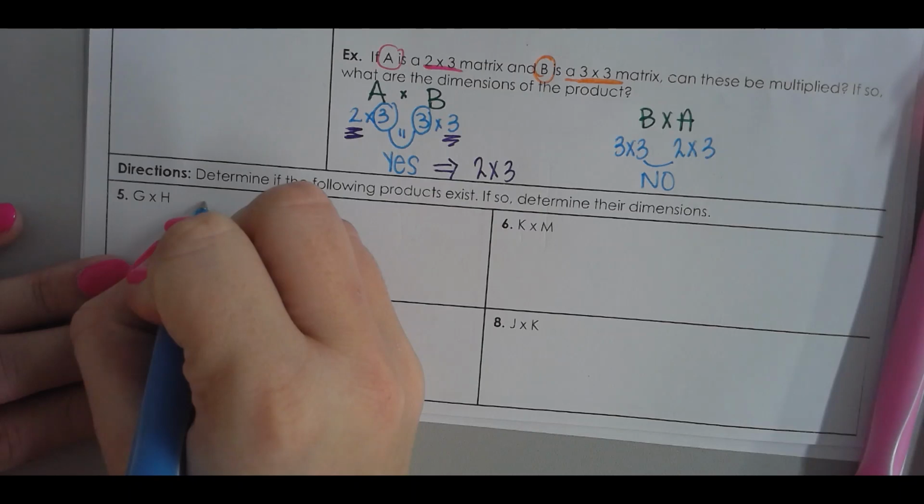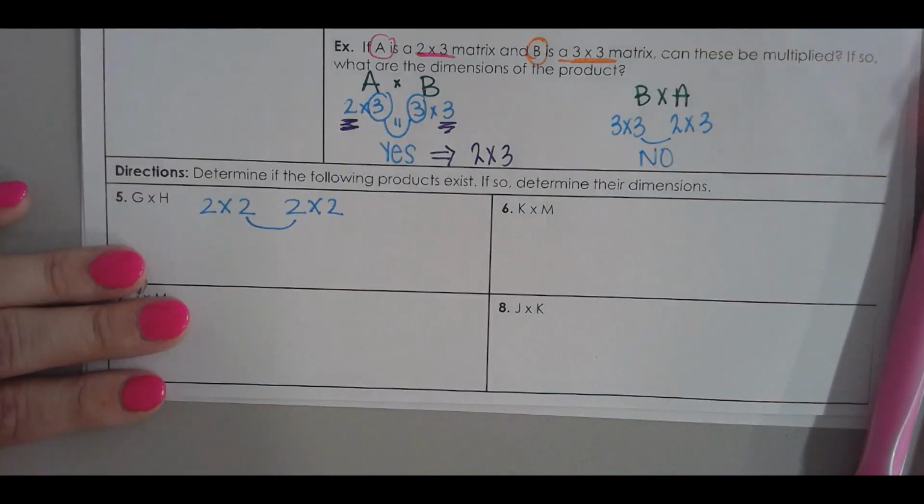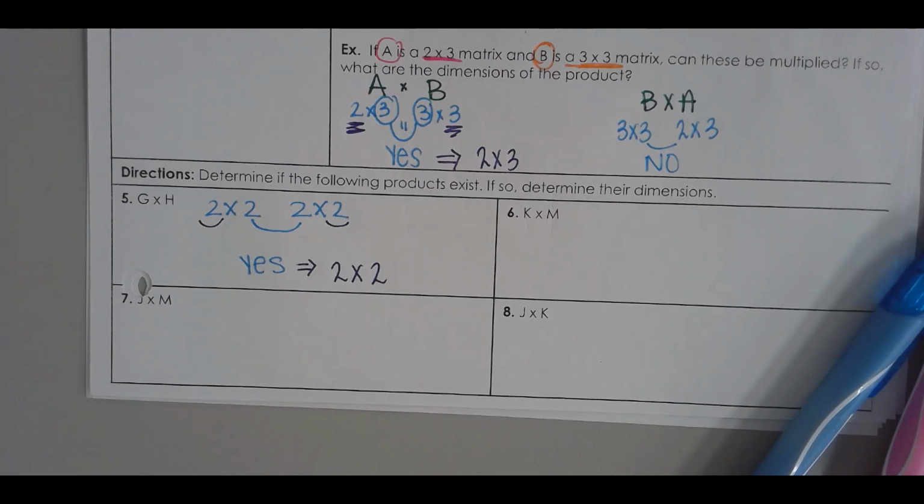What are the dimensions? 2 by 2. Yes, they do. They're both 2s. It will be what size matrix? 2 by 2.